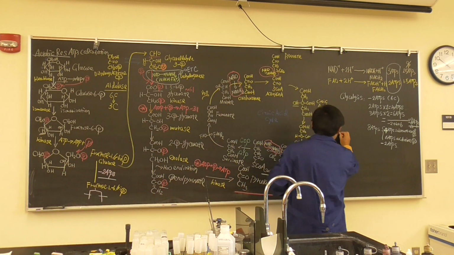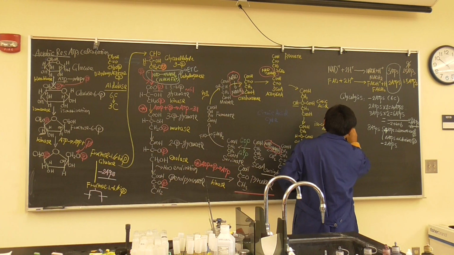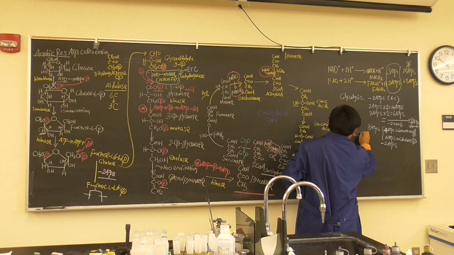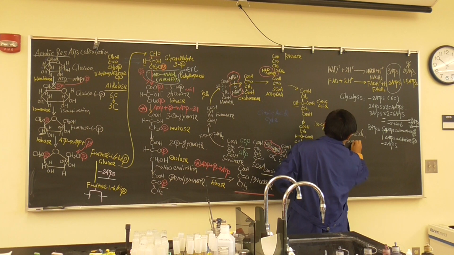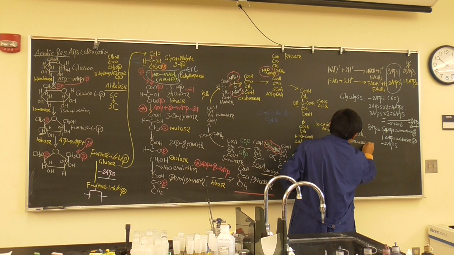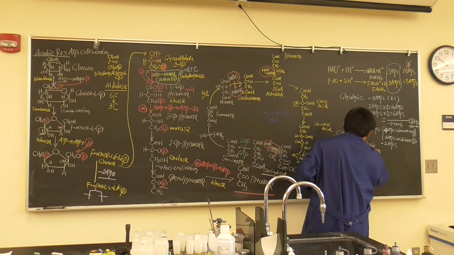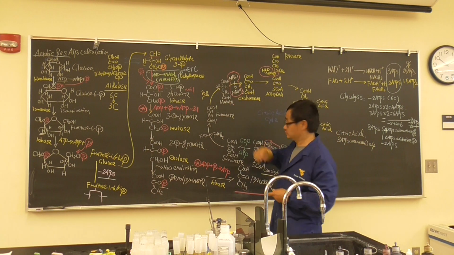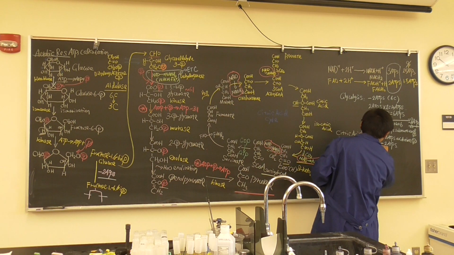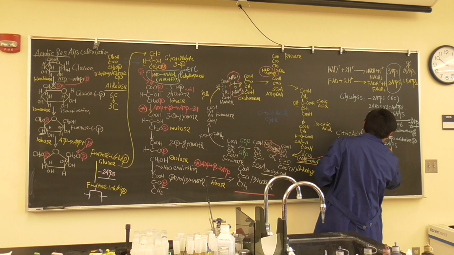So let's talk about the citric acid cycle. That is 3 ATPs. This is NAD going to NADH2. Multiply by 4: 1, 2, 3, 4. So equals 12 ATPs.